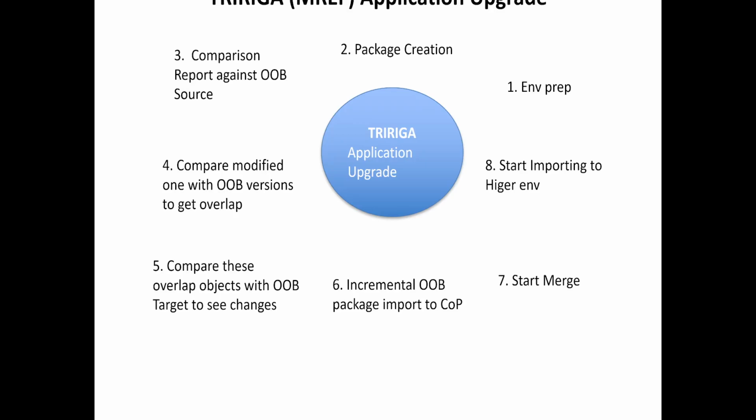So you compare with higher versions, come up with the overlap objects, and then compare these overlap objects again with the out-of-box target, in this scenario the 10.6 and 5.0 versions of TRIRIGA MREF, to see what changes have been made. Then you slowly do incremental object migration imports of these various types of objects into COP, the copy of production environment.